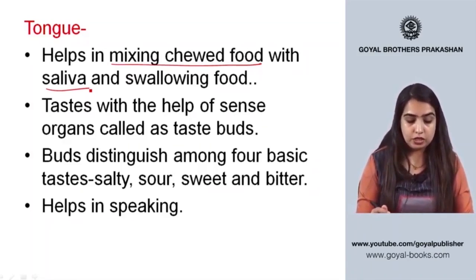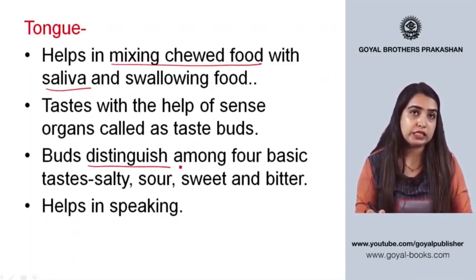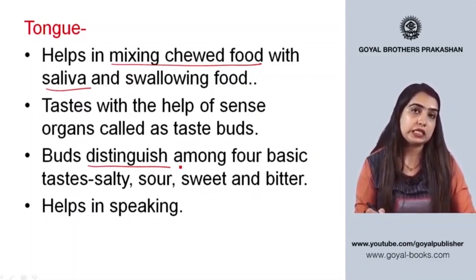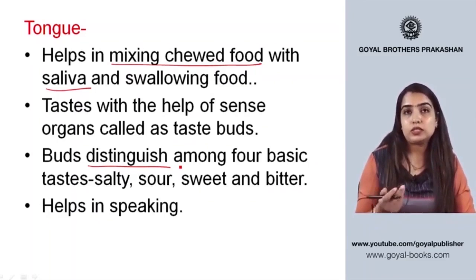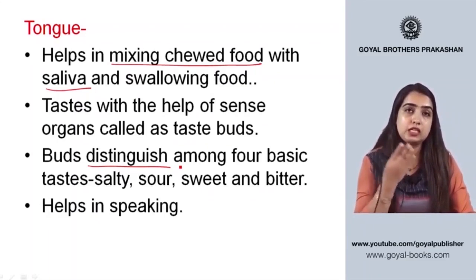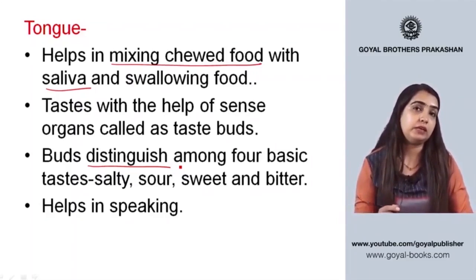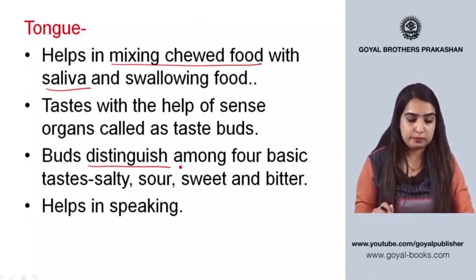The taste buds help in distinguishing among these basic tastes. The tongue also helps us in speaking, because when we make sounds, our tongue moves accordingly, and this is why the tongue is important for us.